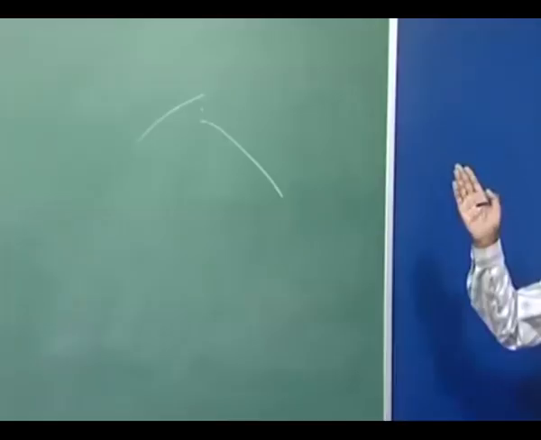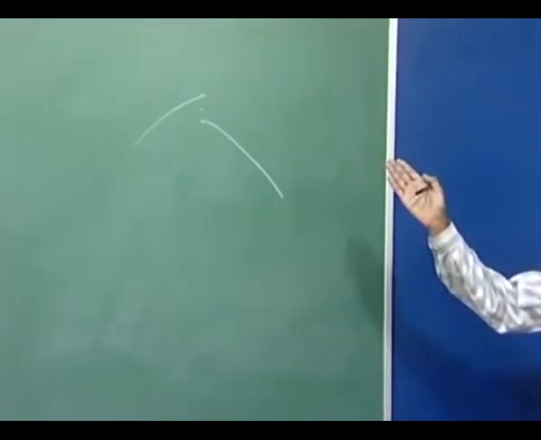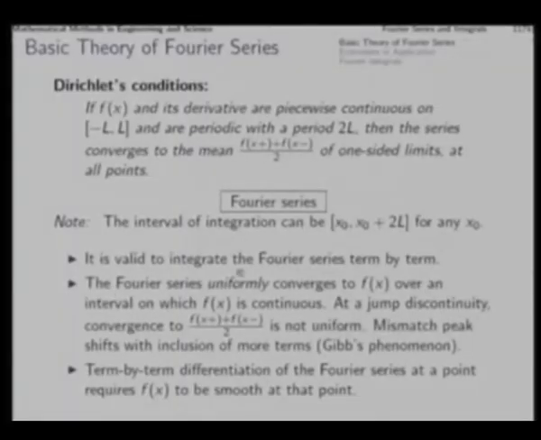This makes very good sense, because integration is actually a smoothening process. If the actual function has a discontinuity of this kind, the integral will remove the discontinuity, in the sense that in the integral you will not find this discontinuity. Now, regarding the function value itself at that point where you have a jump discontinuity, convergence to this is not uniform.